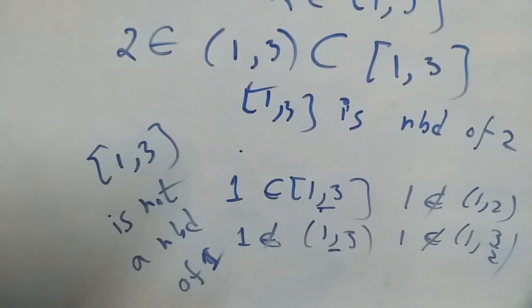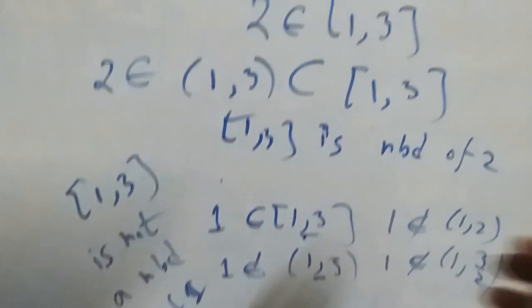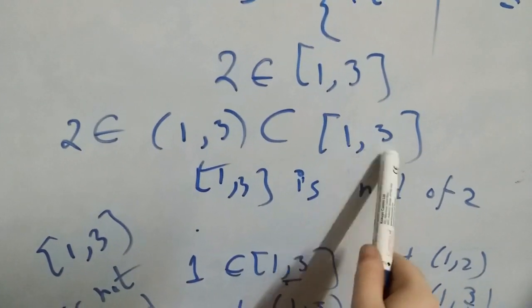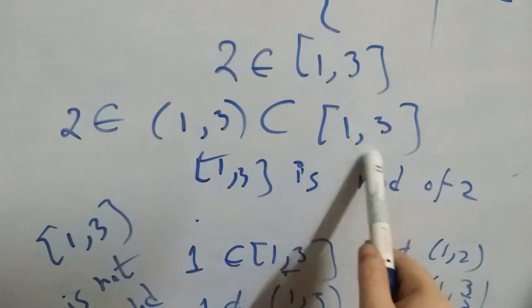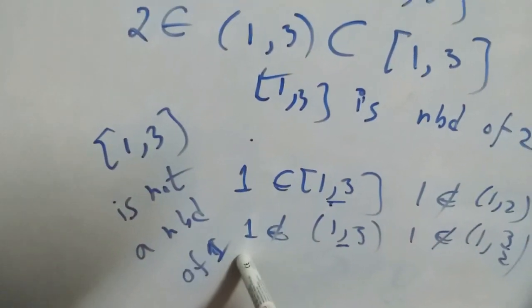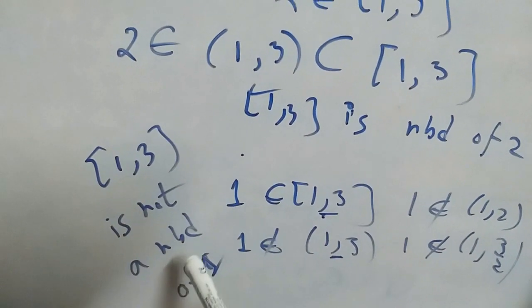So we conclude that the closed bounded interval [1, 3] contains the point 1 but is not a neighborhood of 1.